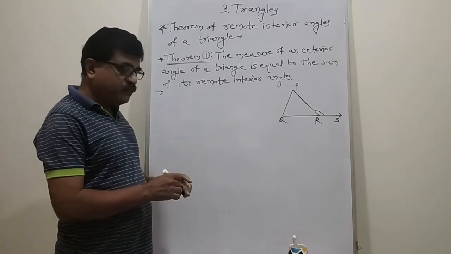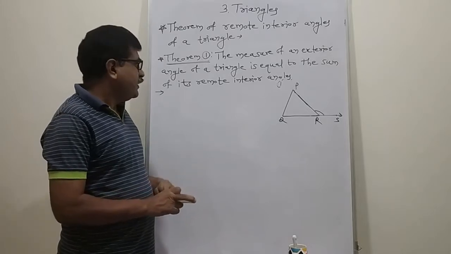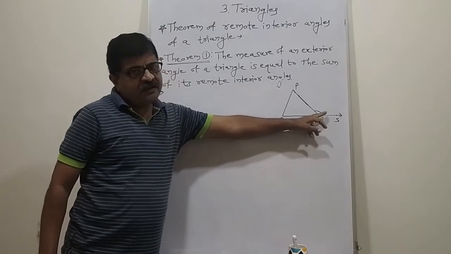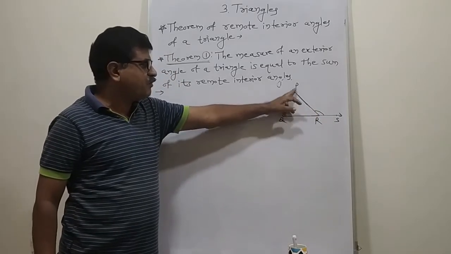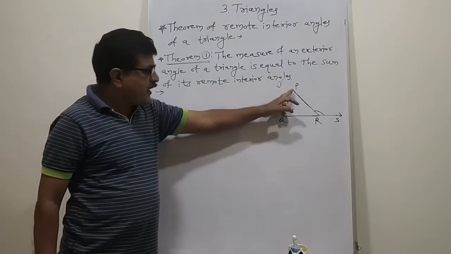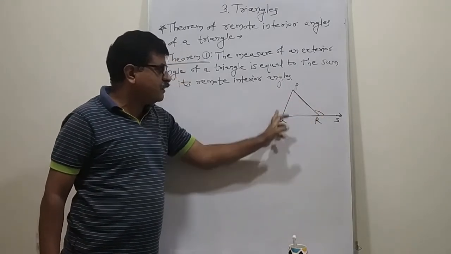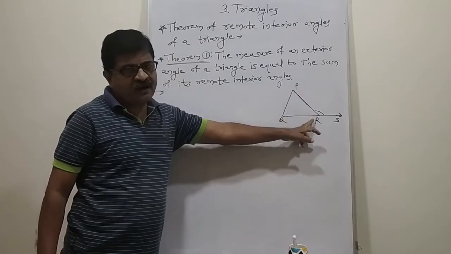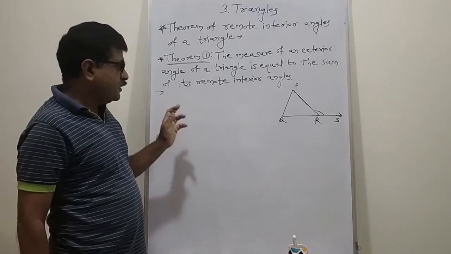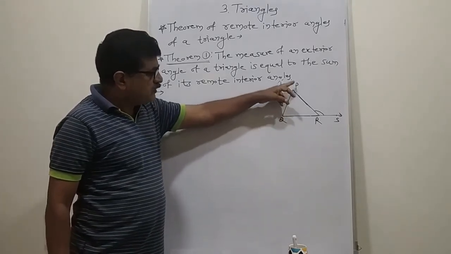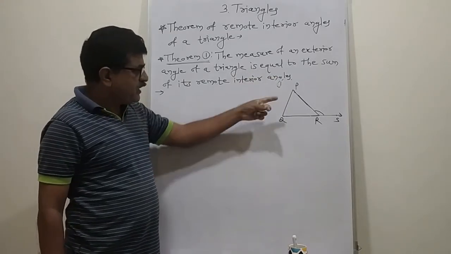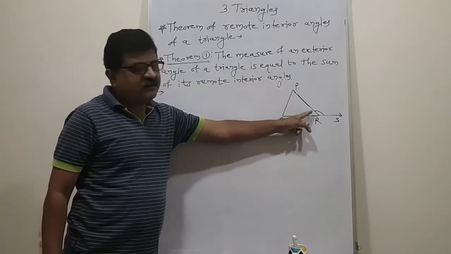Now here, how can we prove this? First we see, we are given angle PRS is an exterior angle of triangle PQR. To prove: angle PRS is equal to angle PQR plus angle QPR. Now we know that the sum of all angles of a triangle is 180 degrees. Therefore, the sum of these three angles is 180 degrees.